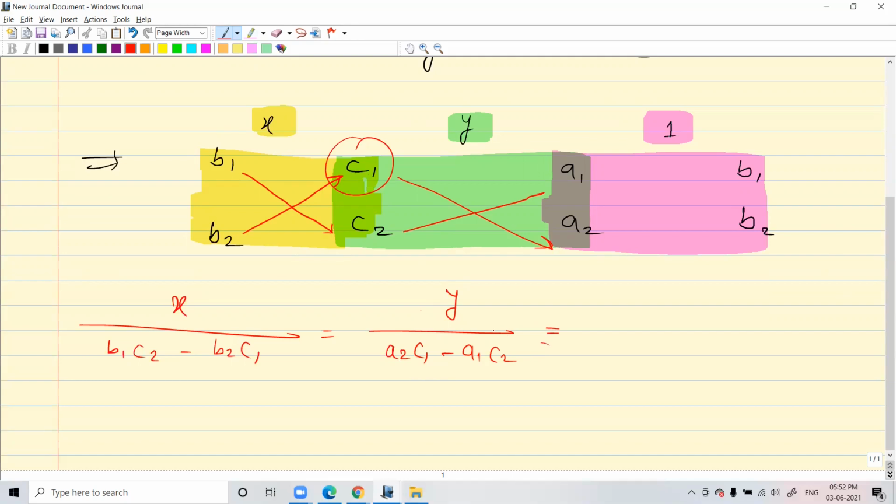And then finally, one by A1, B2. First we'll multiply these and then subtract these two from here. A1, B2 minus A2, B1. So this is how you write it.